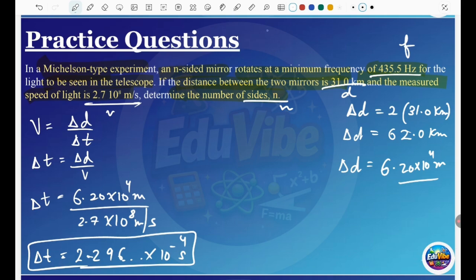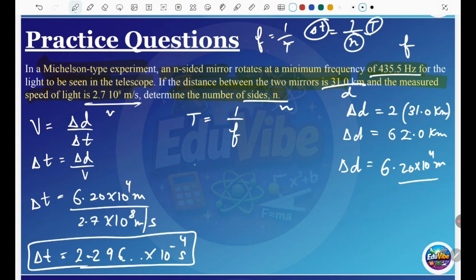And one thing more: for this n, we do 1 upon n times T, which is equal to delta t. We have that delta t, but we don't have the big T, which is the period. That period we find from the frequency. So T is 1 upon frequency, so 1 upon 435.5 hertz.